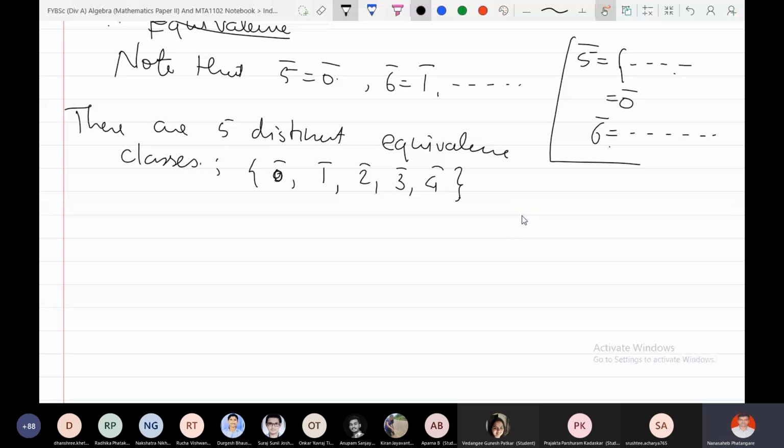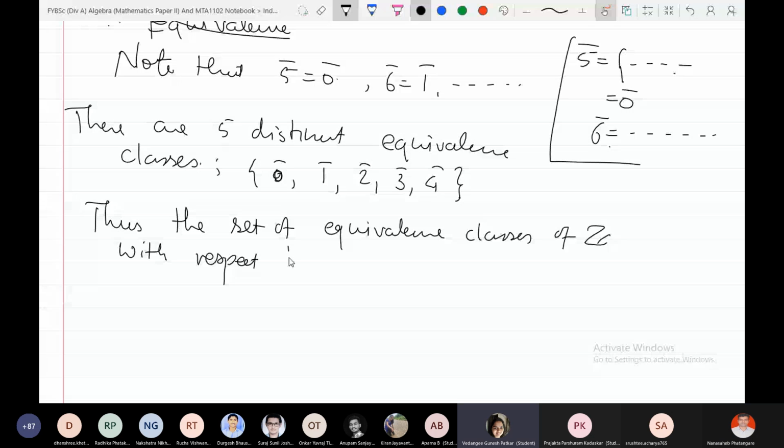Thus the set of equivalence classes of Z with respect to this relation tilde is denoted by, do you remember what notation we used?